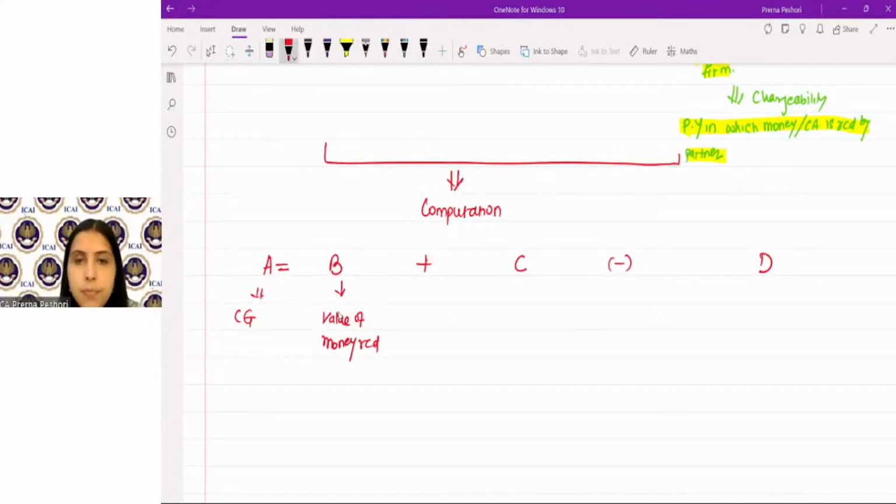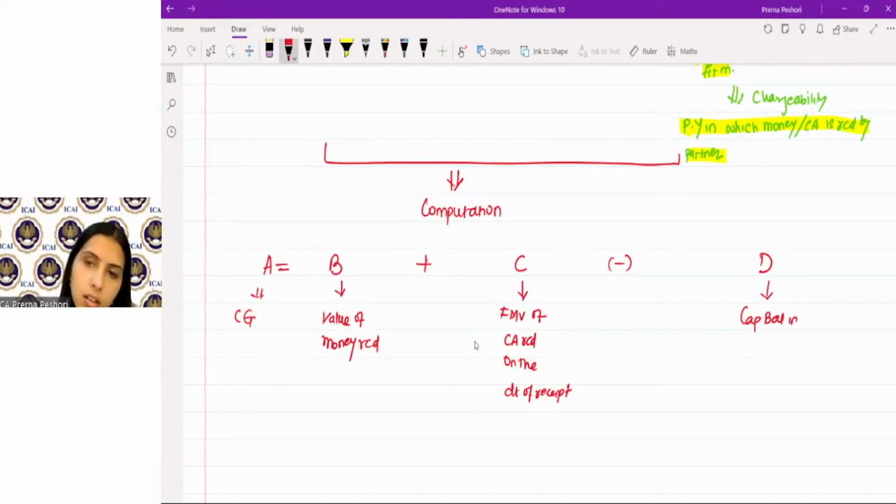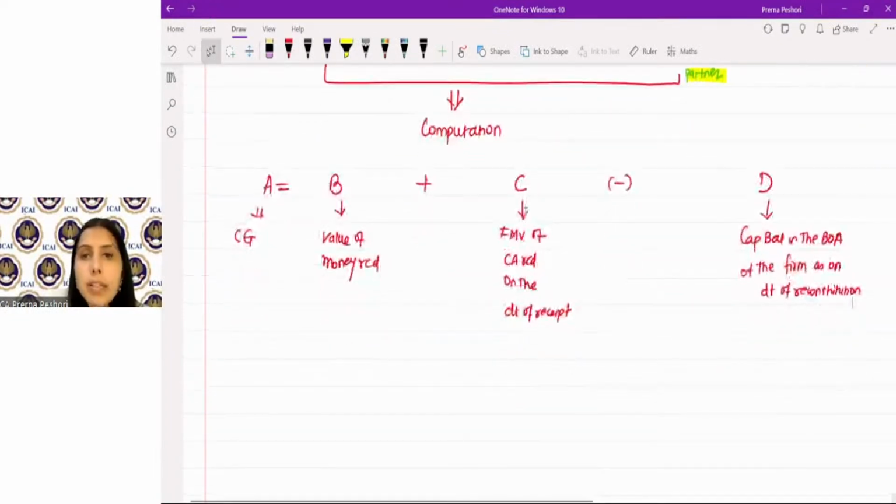C is the fair market value of the capital asset received on the date of receipt. And D is the capital balance in the books of accounts of the firm as on the date of reconstitution. Are we clear? B plus C minus D: money received plus the FMV of the capital asset as on the date of receipt, minus the capital balance in the books of accounts of the firm. This is your computation. Right?